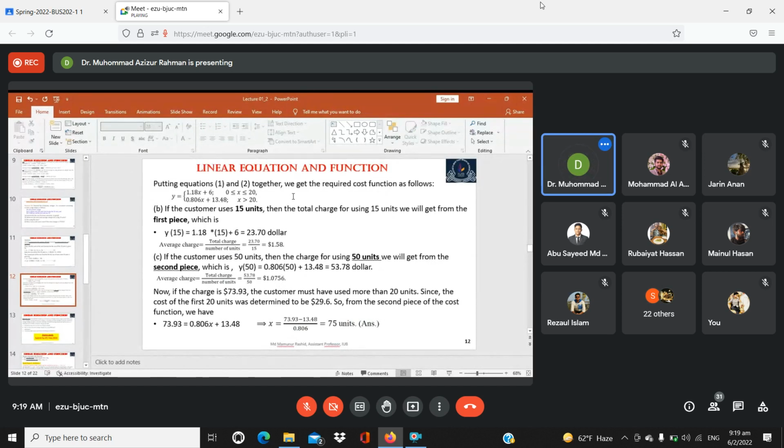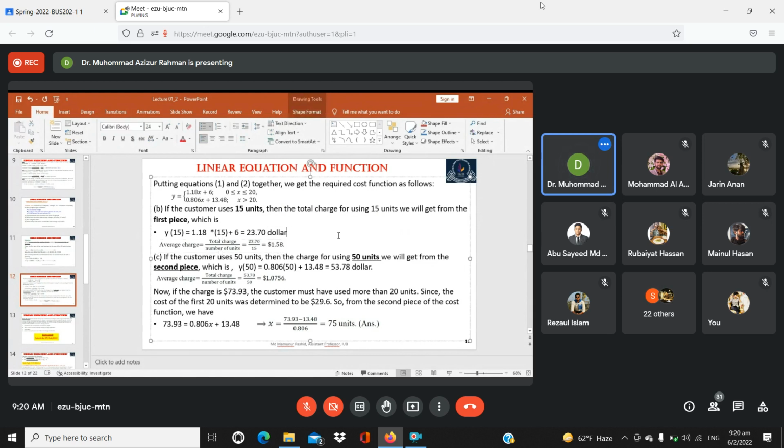Okay. The next part, if the customer uses 15 units, that means from the first equation we get x equals 15. Then this will be his total amount, and we divide by 15. That means he will get this average cost.